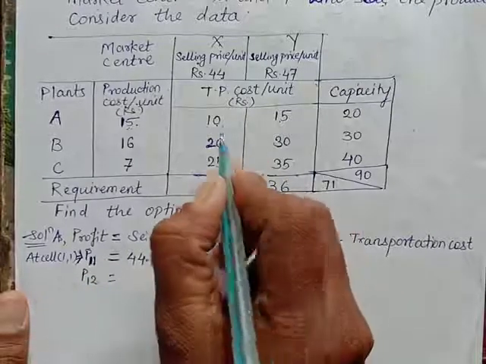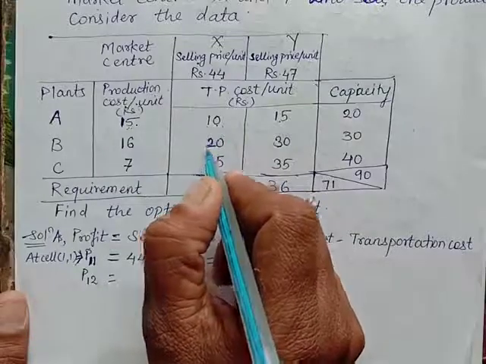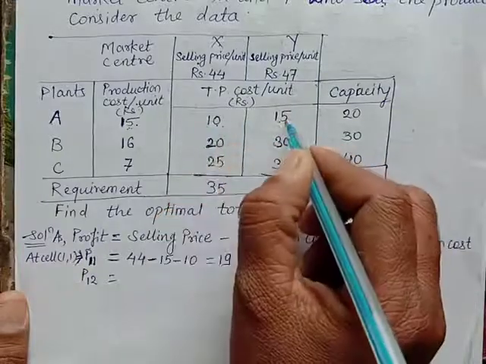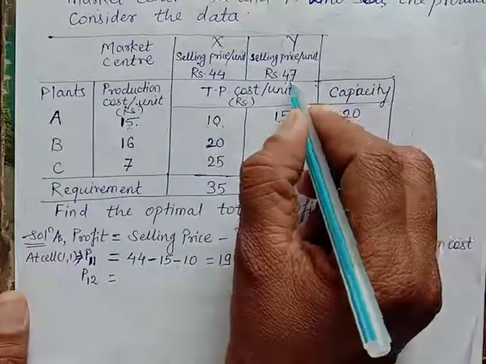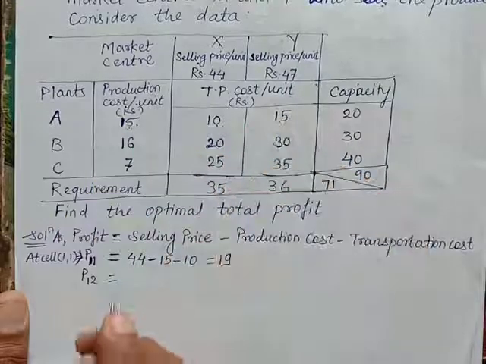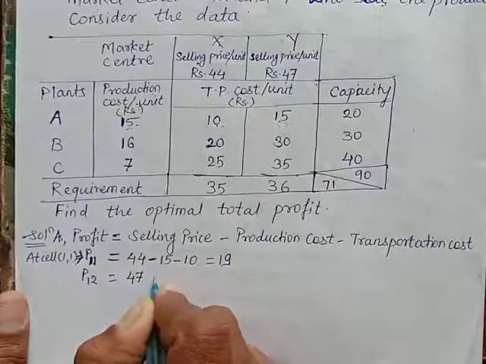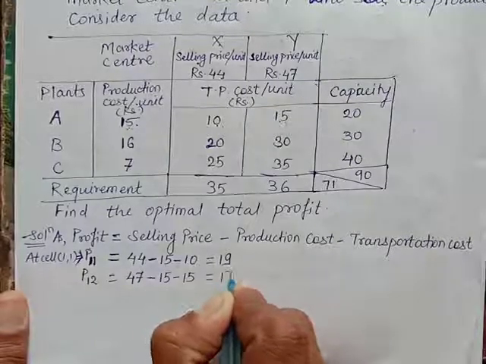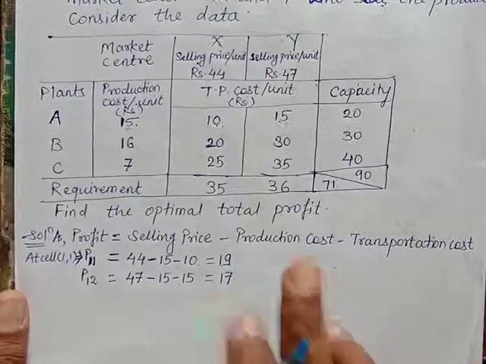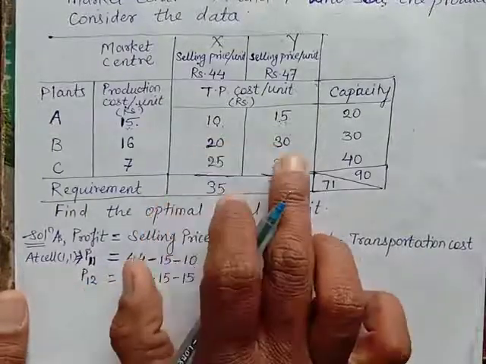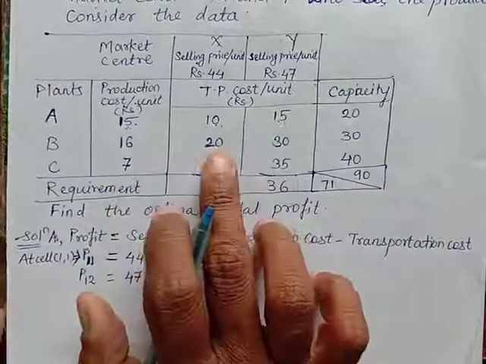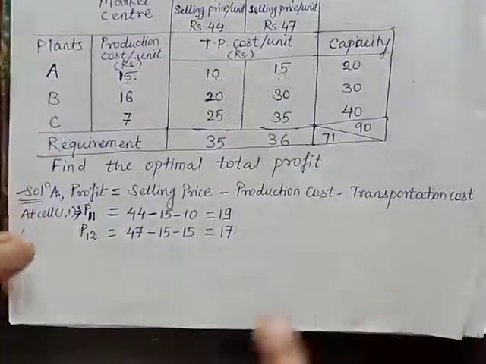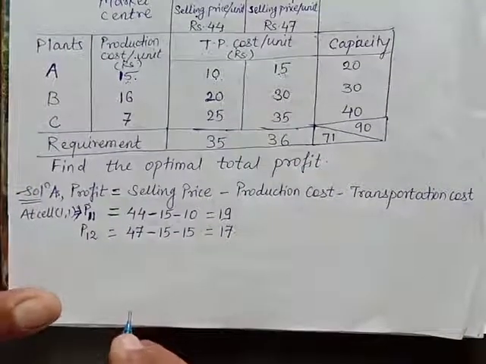Similarly P12 means first row, second column. So P12 is 47 minus 15 minus 15, which equals 17. As such, we can find the profit for each and every transportation cost for X as well as Y. Using that I can prepare a profit matrix.